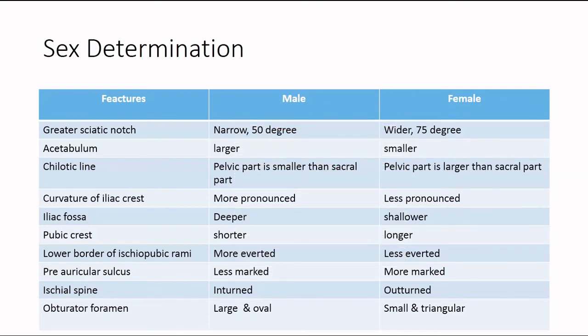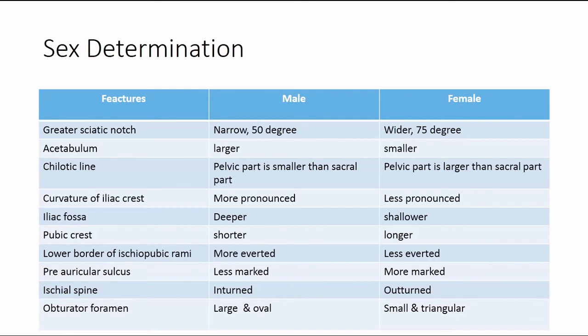So in case of male, the pelvic part of chilotic line is smaller than the sacral part, but in female the pelvic part is larger than the sacral part, because in female pelvic cavity is larger as compared to male. Curvature of iliac crest is more pronounced in case of male, less pronounced in case of female.